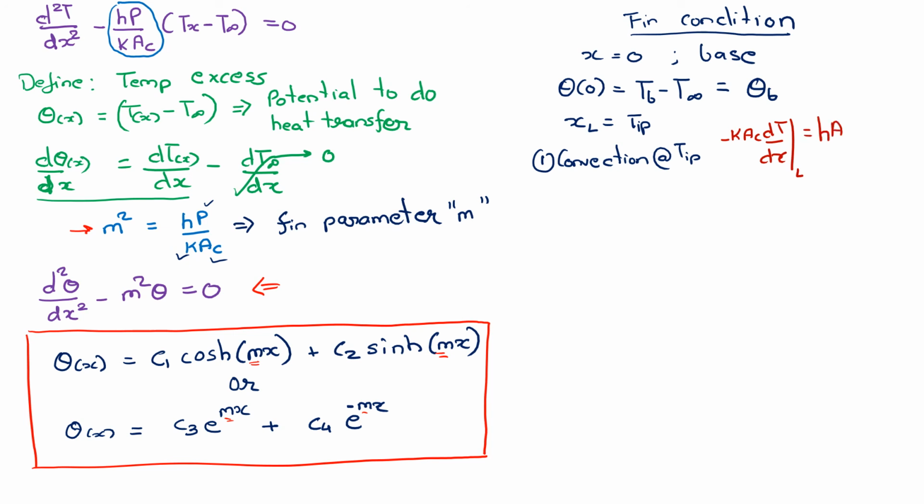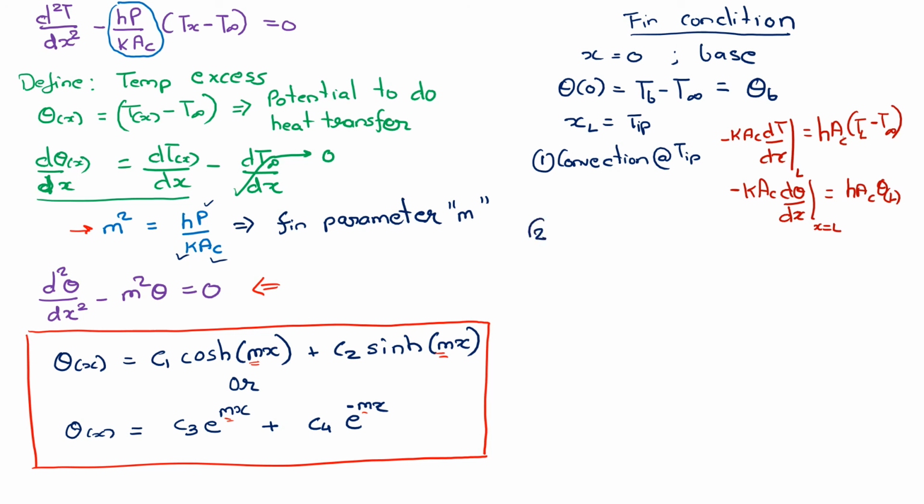So your cross section area of the fin multiplied by the temperature at L, that's the tip, minus T infinity, or you can write this down as minus k Ac times d theta by dx, and we saw that dT by dx is equal to d theta by dx, at x is equal to L will be equal to h Ac times theta at L. So this is the first boundary condition that you can have.